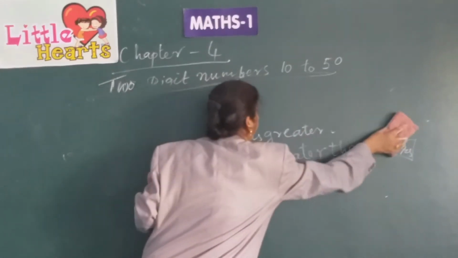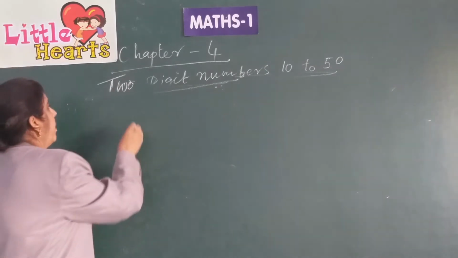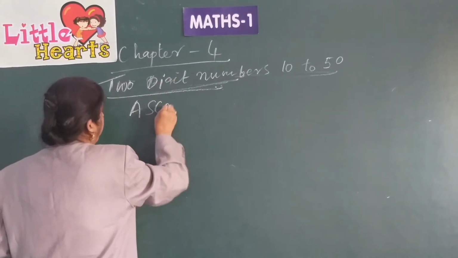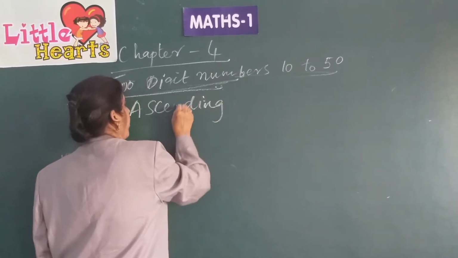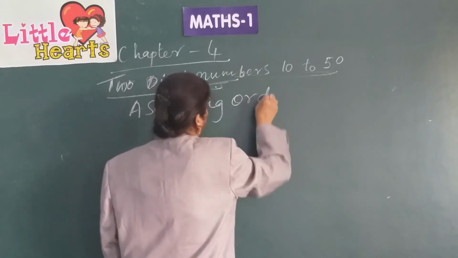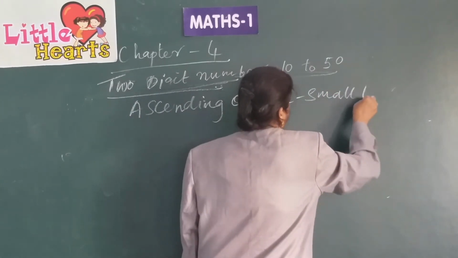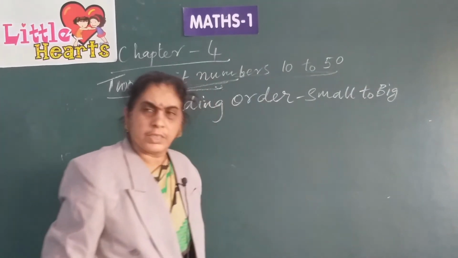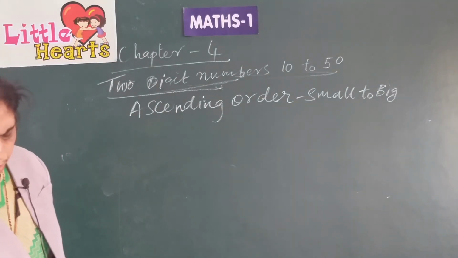And let us go with ascending order and descending order. Ascending order is from small to big. When you arrange the numbers from small to big, we call it ascending order.